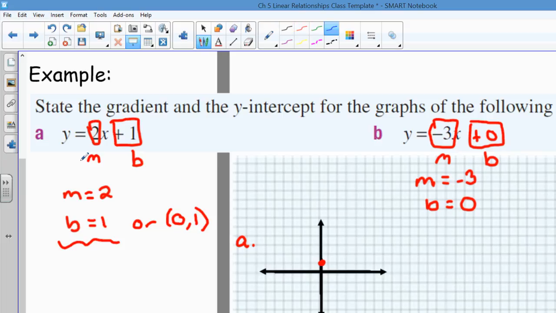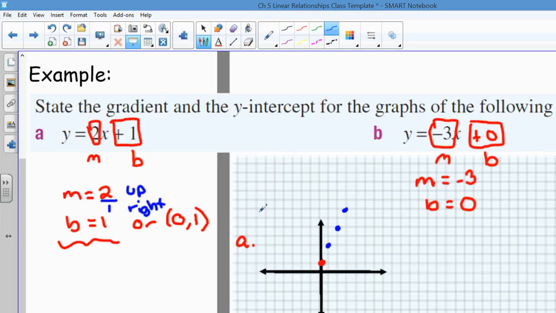So my gradient, if it's just a 2, I can always put it over 1. So that means the 2 is telling me to go up 2, and the 1 is telling me to go right 1. So from that point, (0, 1), that I just plotted, I'm going to go up 2 and over 1. And I can keep doing this, up 2 over 1. And that will just give me more points on my line.